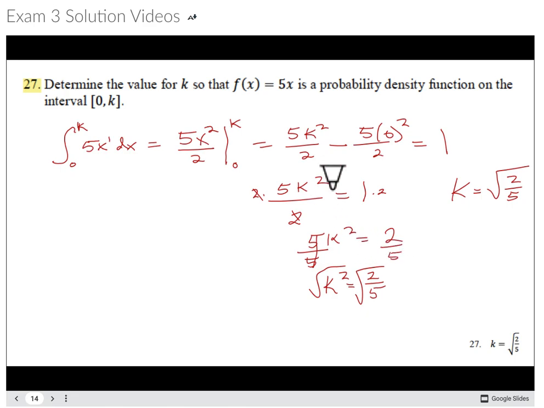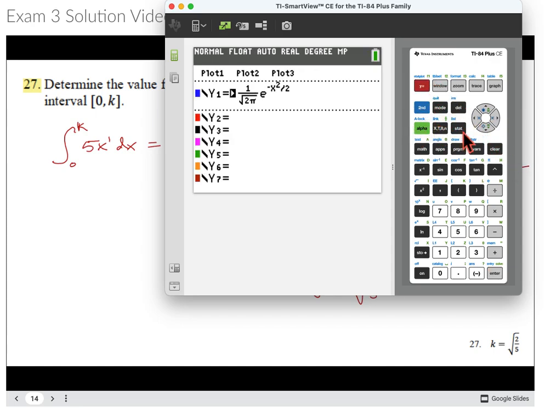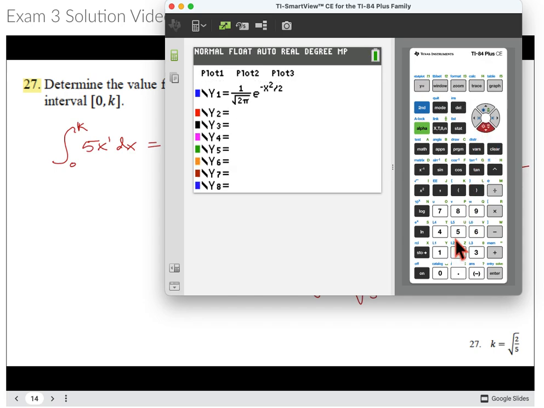Now, if you forgot how to integrate, what you would do is pull up our calculator. Do this either way, even if you remembered. I'm going to clear this out. We're going to go to y equals and graph the function 5x. Notice I've got this one stored in there, but I've got it turned off. It's going to graph 5x from 0 to k.